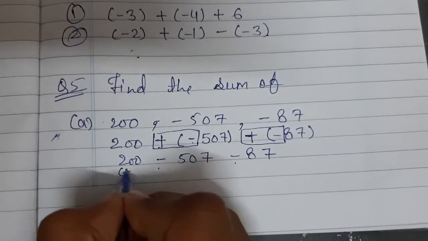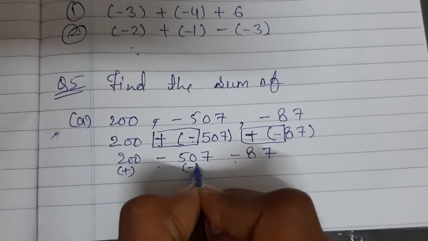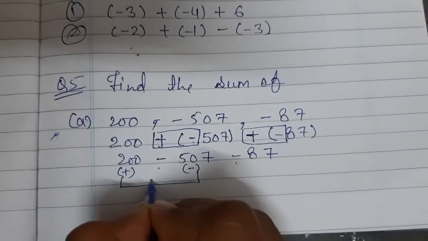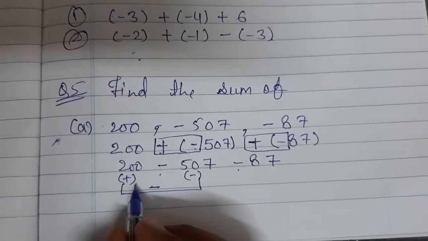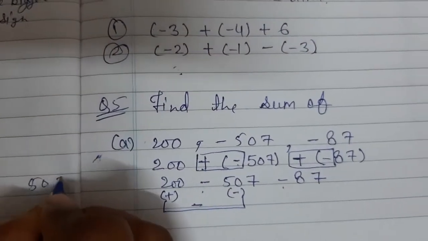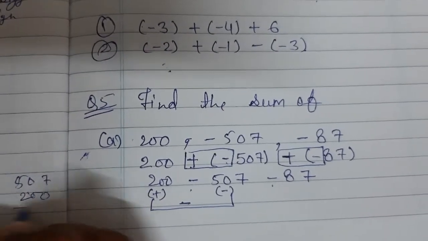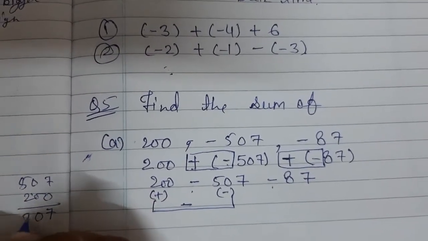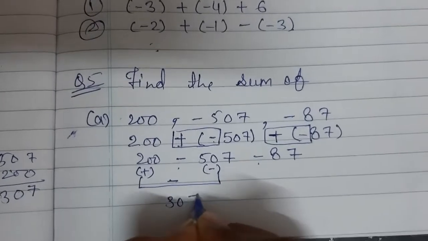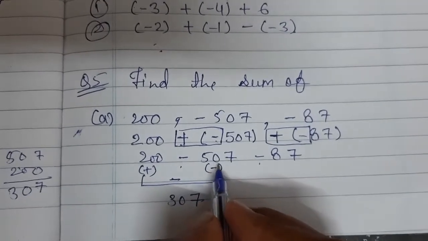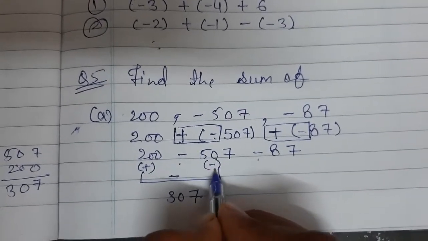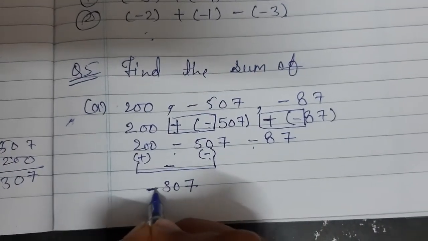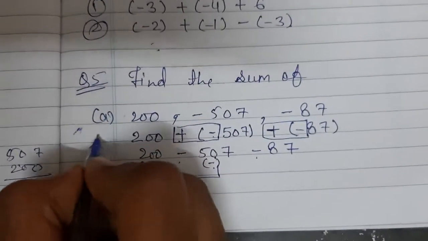This 200 is positive and this is negative, and plus minus means minus. 507 minus 200 is 307. Which one is the bigger digit? This one. Then the sign is negative, so the answer always comes with a negative sign.